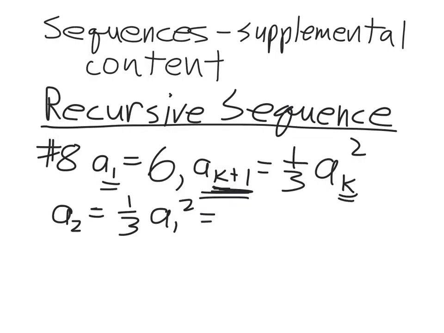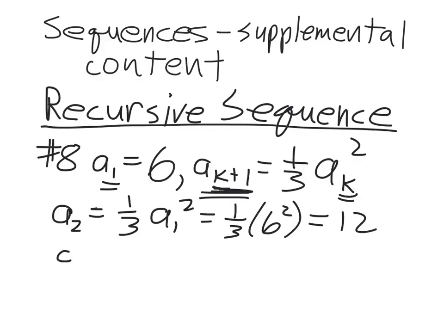So a sub 2 is 1/3 times 6 squared. Well, 36 times 1/3 would be what? Such big numbers for a Monday, especially the Monday after spring break. Be 12? Okay, I can at least do that. I'm still alive.